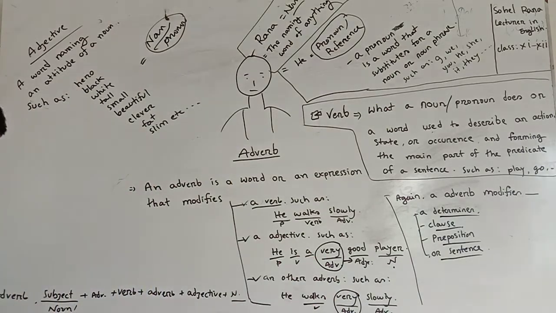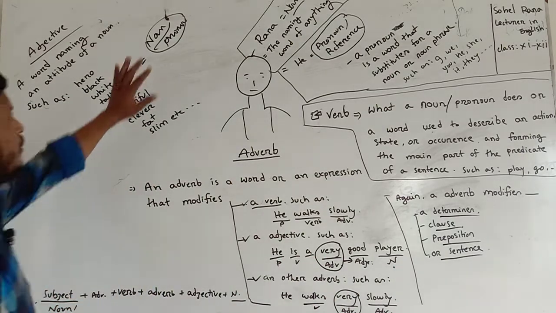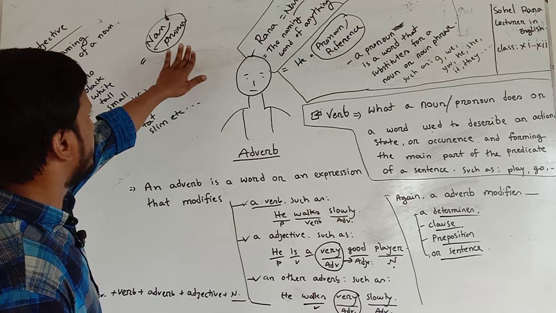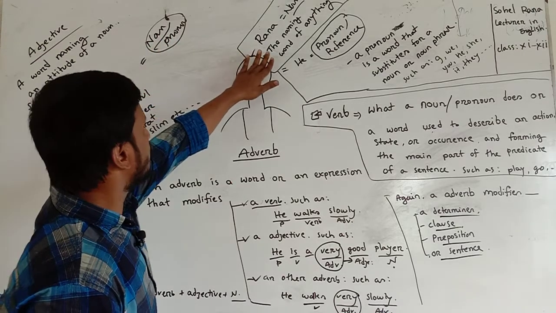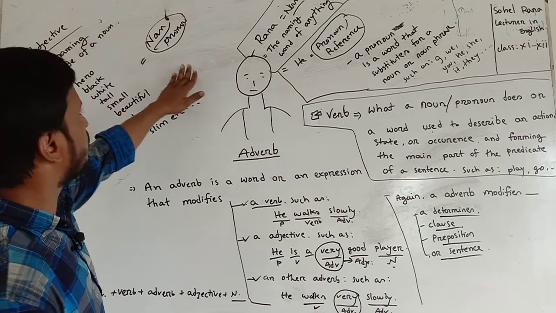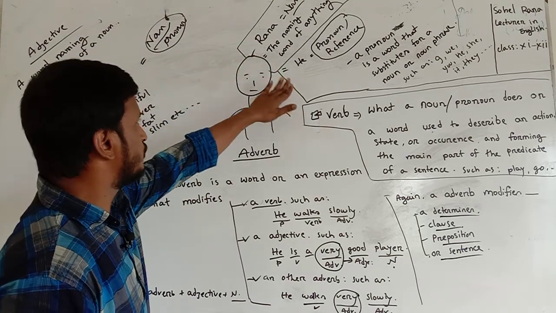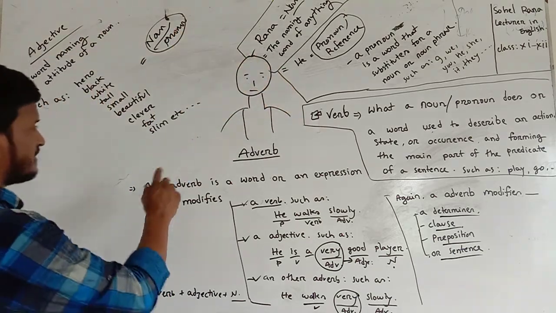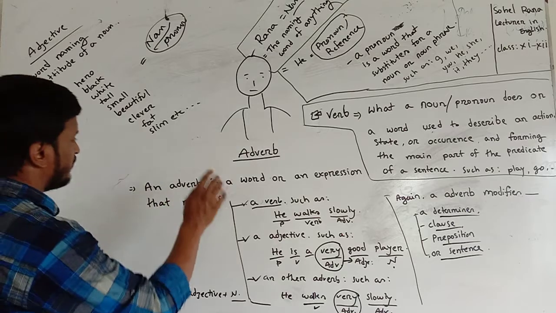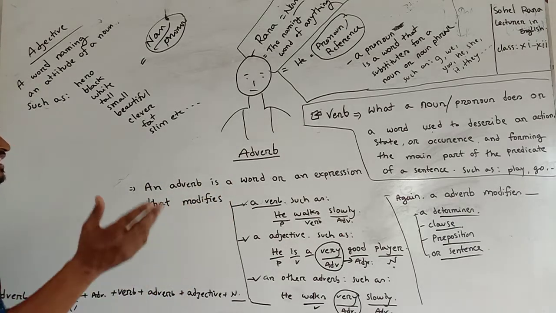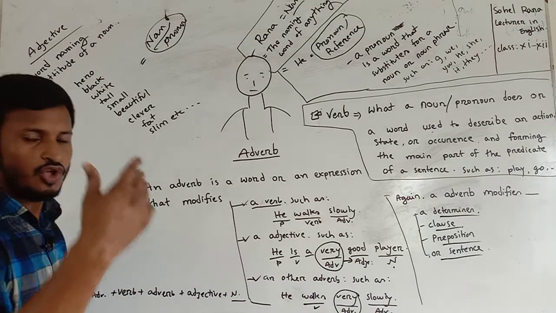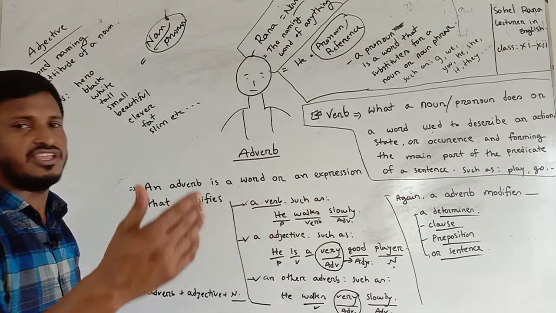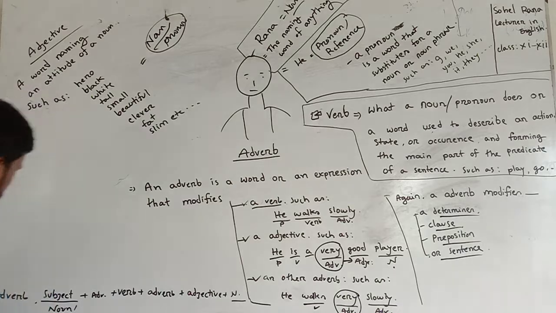So look, we come to learn that an adjective modifies a noun or pronoun. So if in a sentence we find any gap, before a noun we normally use an adjective.